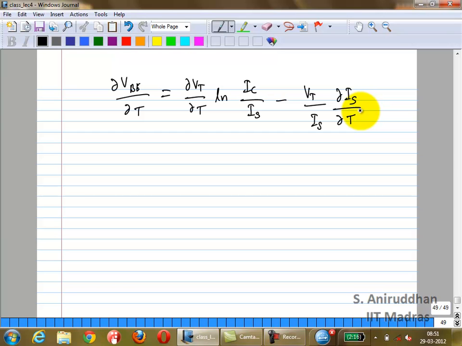Right now, just assume that IC does not have a temperature coefficient. We'll come back to that.